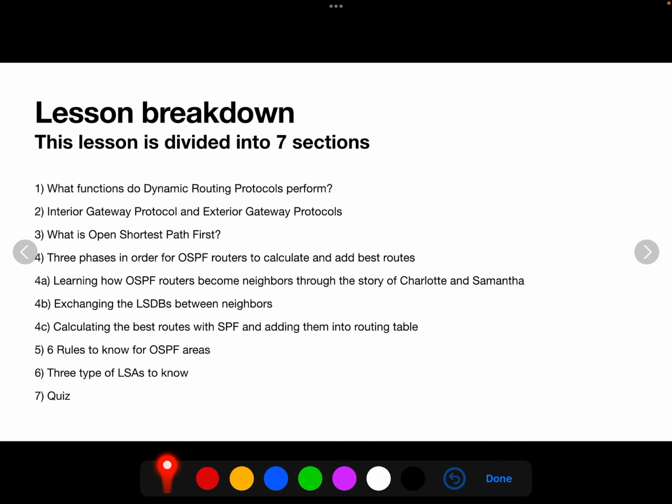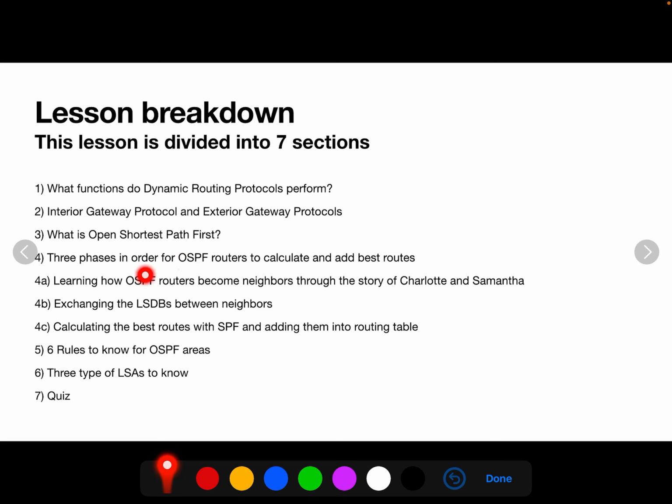So this lesson I've broken down into 7 sections. The first section is what functions do dynamic routing protocols perform? Then interior gateway protocols and exterior gateway protocols. Third, what is Open Shortest Path First, actually defining OSPF. Then 4 is quite a lengthy section, but this is the 3 phases in order for OSPF routers to calculate and add best routes.